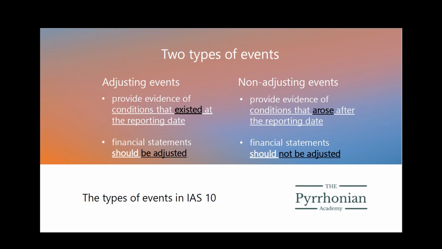So in the first group, adjusting events, if this kind of event occurs after the reporting period, but it has some relation to the conditions that existed at the reporting date, then the standard says that you should adjust your financial statements. However, if such an event has no relation to the conditions at the reporting date, but it has relation to the conditions after the reporting date, then you should not adjust your financial statements, okay?